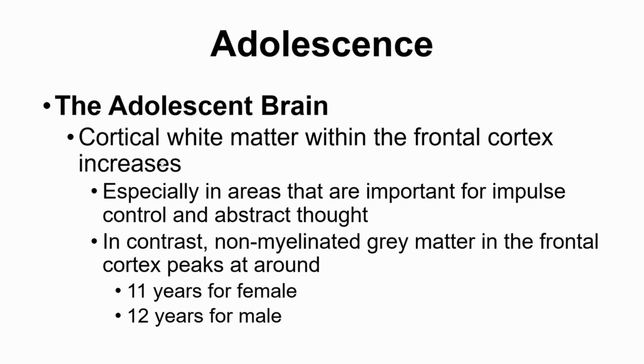So we see that the white matter is going to keep increasing and ends up peaking in adulthood. That's why we know that those developmental things in the frontal cortex are coming much later into adolescence and adulthood. But the non-myelinated component, all of those cell bodies, peaks towards the end of childhood.